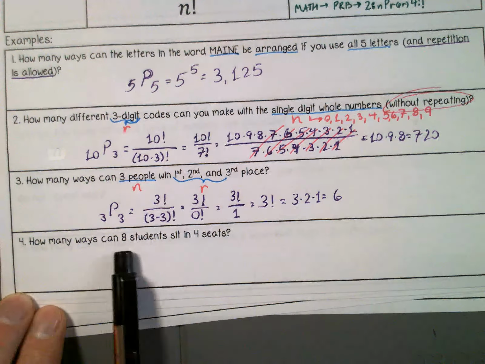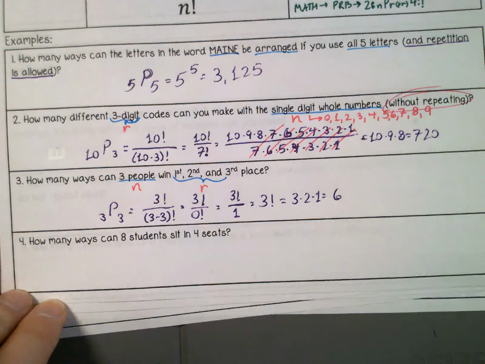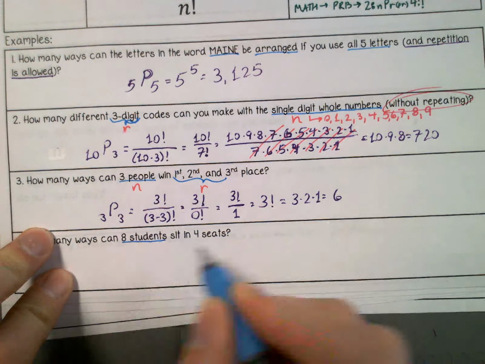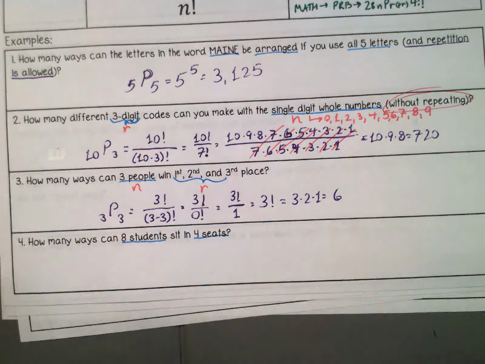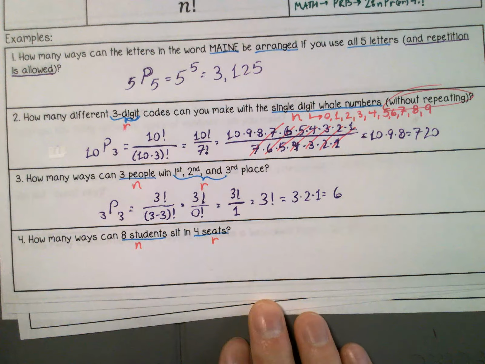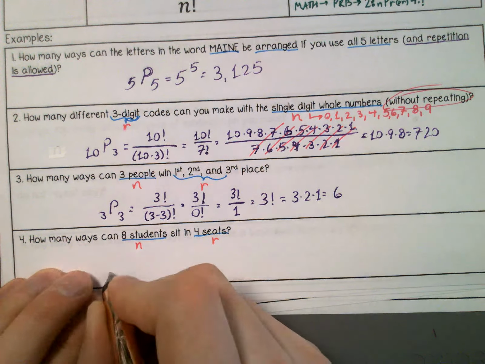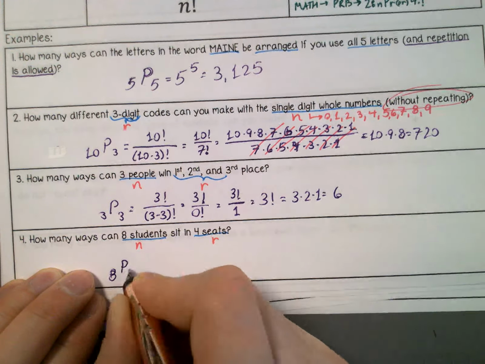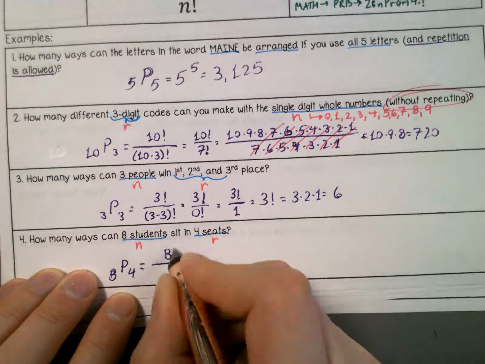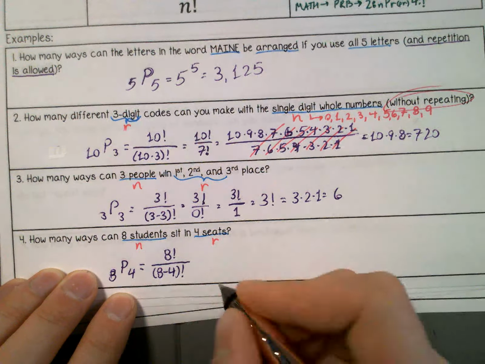Last one, how many ways can 8 students sit in 4 seats? This is people again, guys. It is not repeating. Repetition is not allowed. Okay? So there are 8 students, 4 seats. We have N, we have R. So we're going to have 8 permutated over 4 equals 8 factorial over 8 minus 4 factorial.